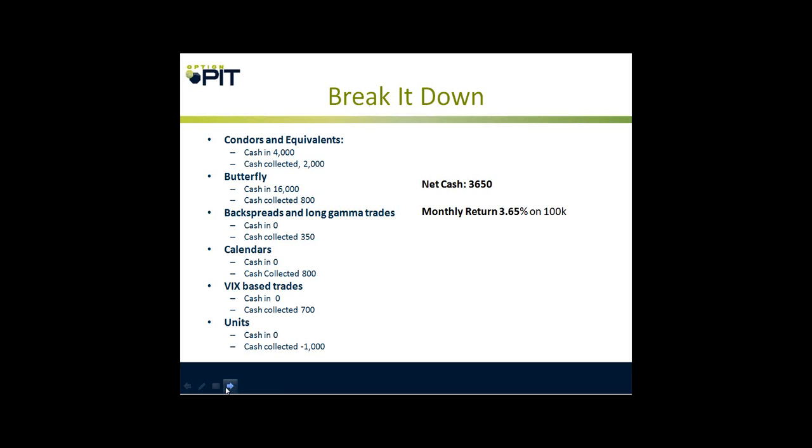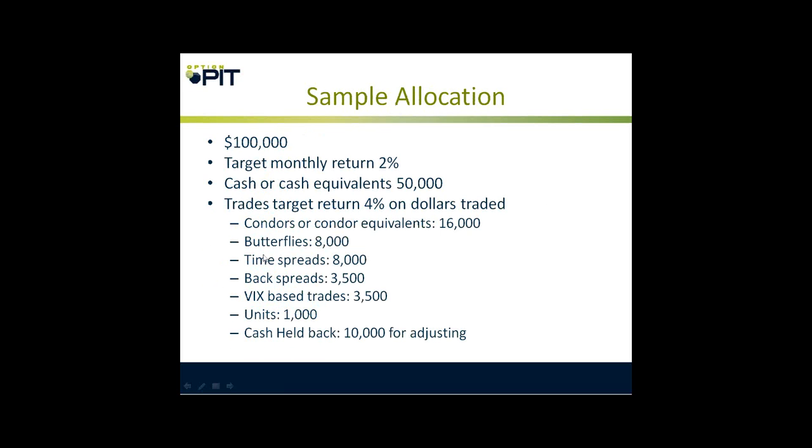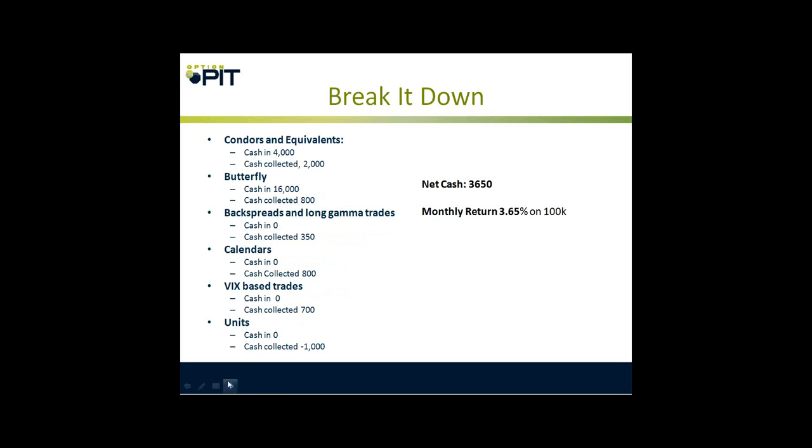You're saying, wait, calendars, cash in. Notice I don't say just long calendars. The way we trade calendars, very rarely are we just long. And if we are, we've got something else against it.